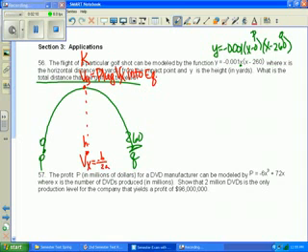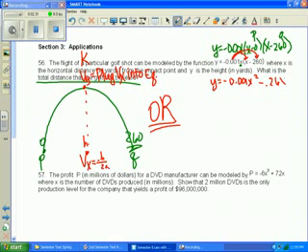Okay, so some people might have done this an alternative way, which I don't suggest. It's harder. But if you did not recognize that this is in intercept form and you multiplied this out and you got this, okay, then you say, that's standard form, and this is my A, and this is my B, and C is 0.